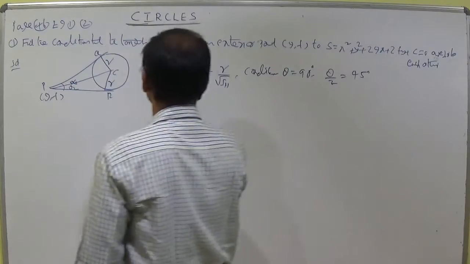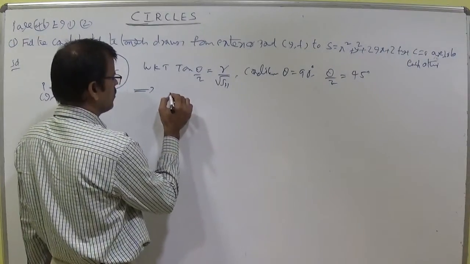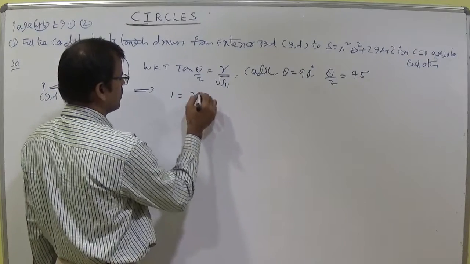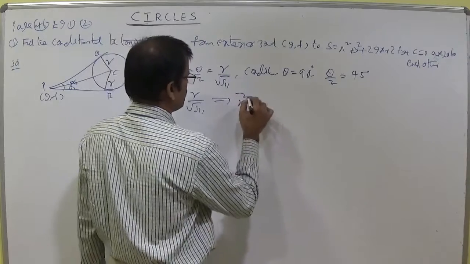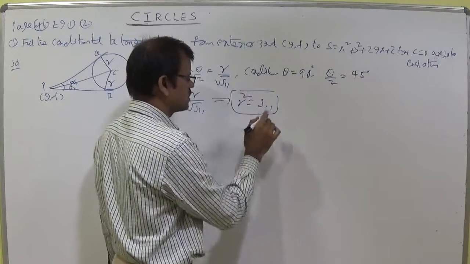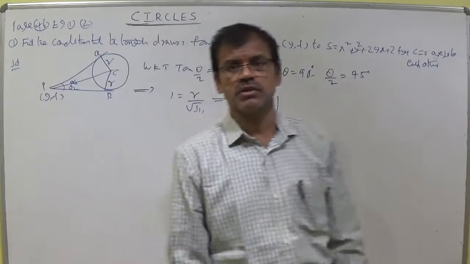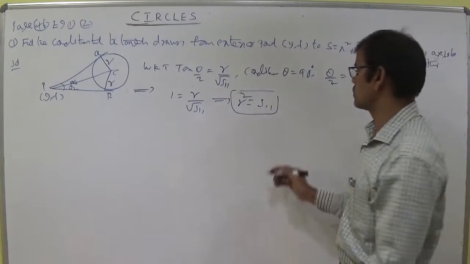So tan 45 is equal to R by root S11. What is the value of tan 45? 1. So 1 is equal to R by root S11. Then you can write R square is equal to S11. Hereafter I will not derive it again; directly I will write that whenever the tangents are perpendicular, the condition is R square is equal to S11.